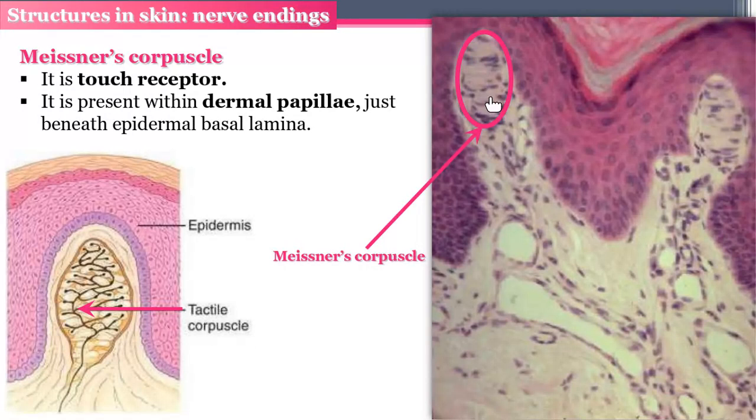They are the nerve endings which are responsible for touch reception, and they are present in the dermal papillae, just below the basal lamina or the basement membrane. Here I have put the pointer. This is the area where we can see the Meissner's corpuscle, and they are responsible for touch reception. I hope this is clear.